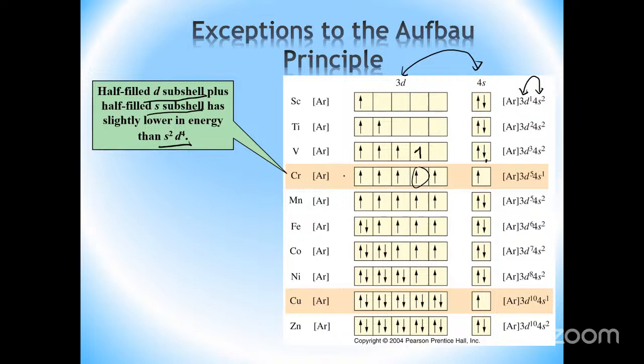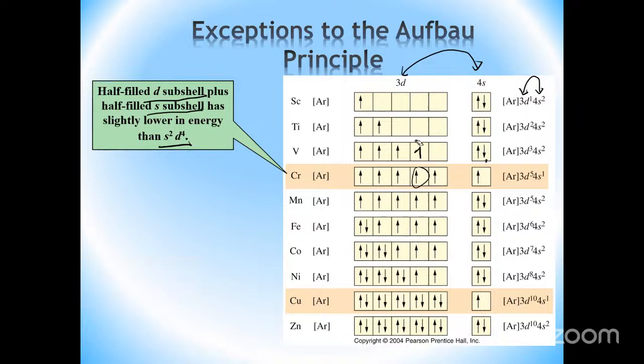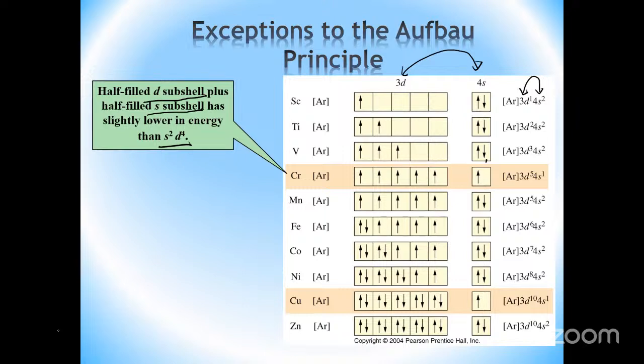Now, we can continue from chromium to determine the electronic configuration of manganese. Let me erase this here and this here. Okay, so to get from here to manganese, we add 1 electron, and that electron will go into the 4s sublevel, because remember, the 4s sublevel is of lower energy compared to the 3d sublevel.